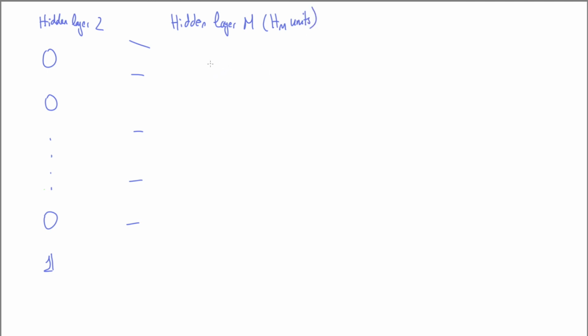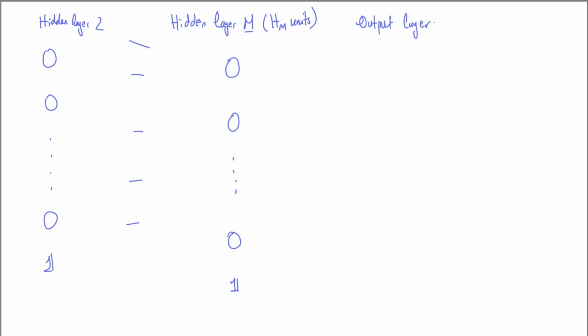Okay, and let me draw the mth hidden layer. And this is the last hidden layer. You can choose it to be any number you like, but this is the last one. And the very last thing we have in our neural network is the output layer, or the output units.